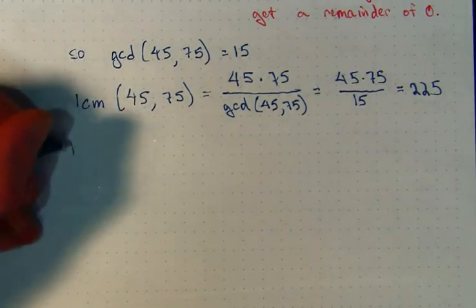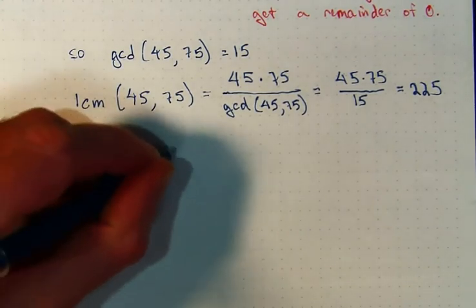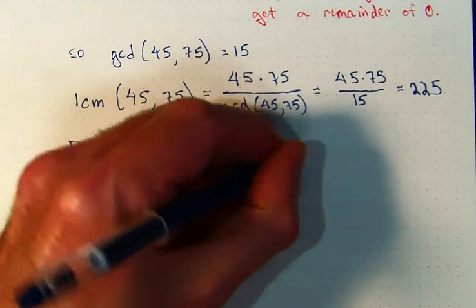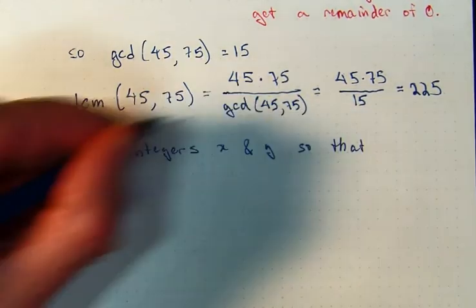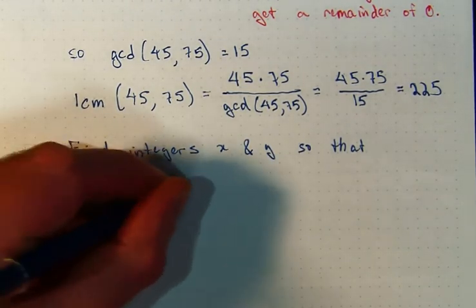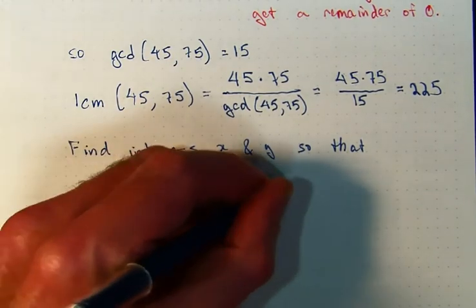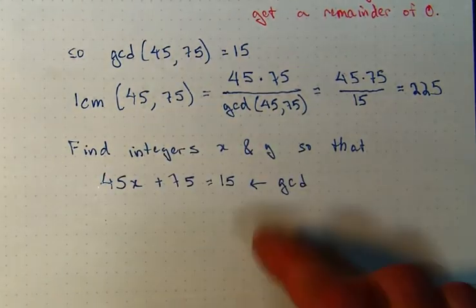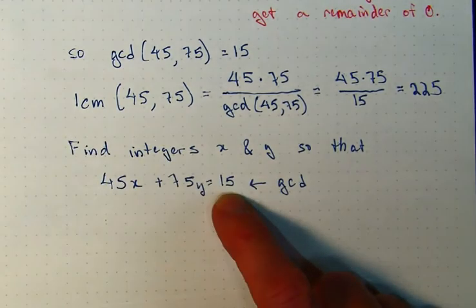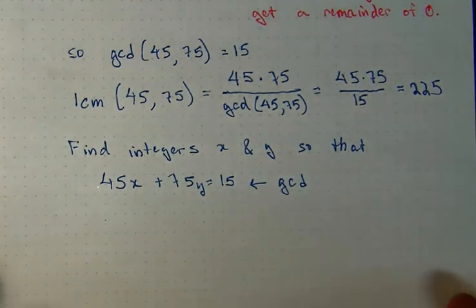I want to find integers x and y so that 45x plus 75y equals 15. So this number right here on the right hand side has to be the GCD or a multiple of the GCD for you to be able to do this process.